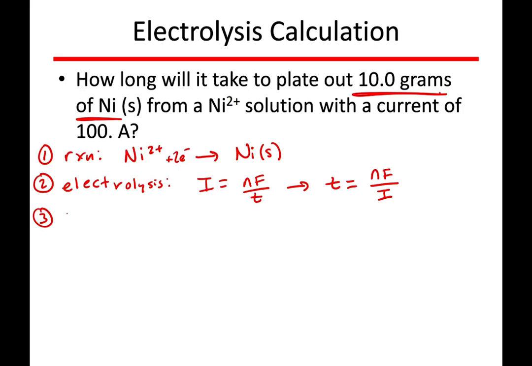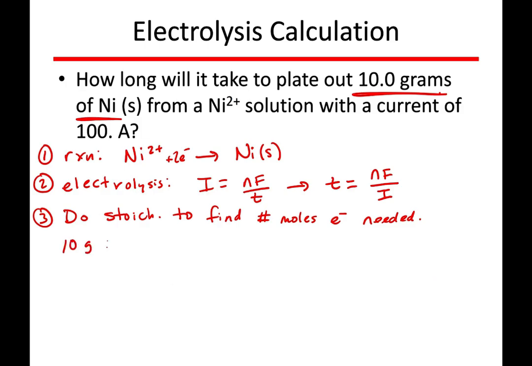So that's our third step, is to do stoichiometry to find the number of moles of electrons that are needed. Because this problem is specifying that you need 10 grams of nickel.